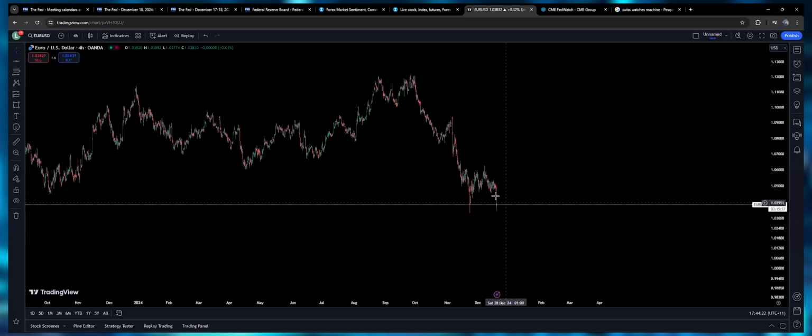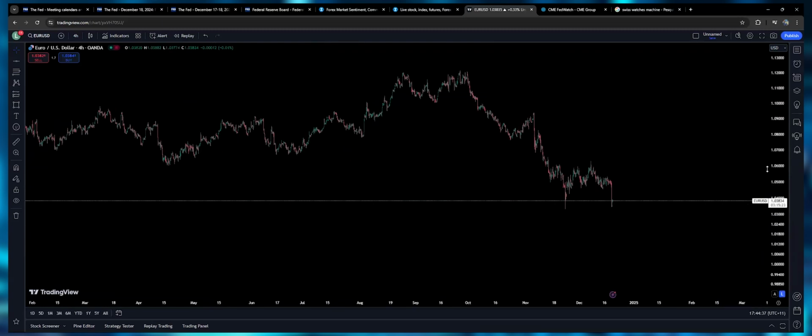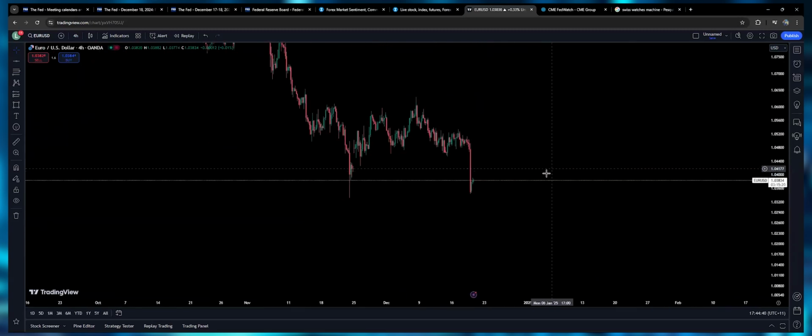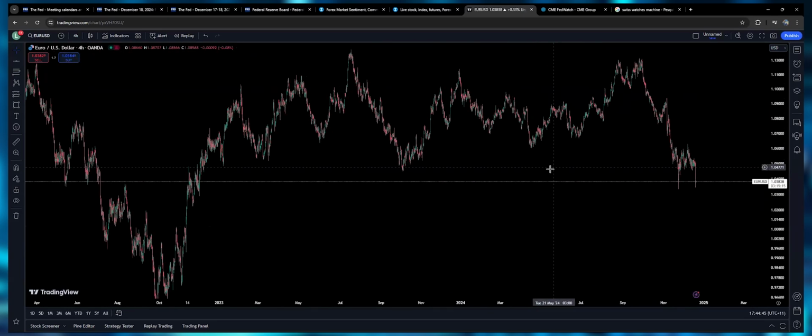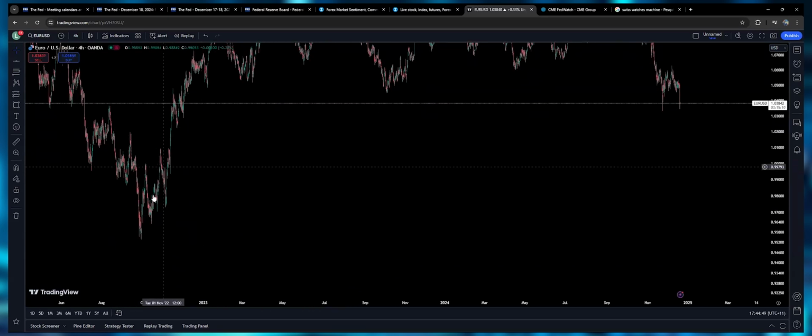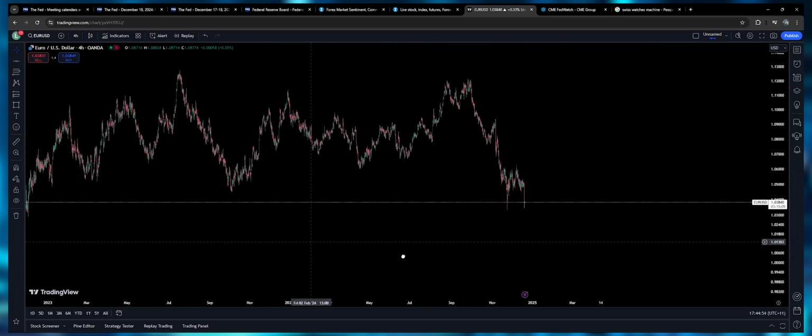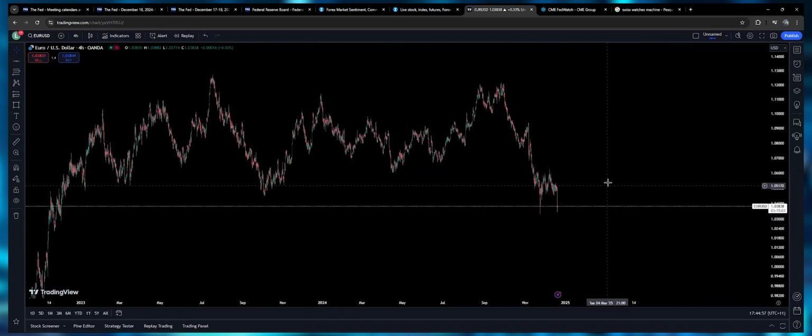So I will be looking to continue to short the market into pullbacks in Euro dollar. In my opinion, this is a pretty solid move. It broke down here, these bottoms, and has all of this area to continue to run, and most likely we will see this continuation downwards.